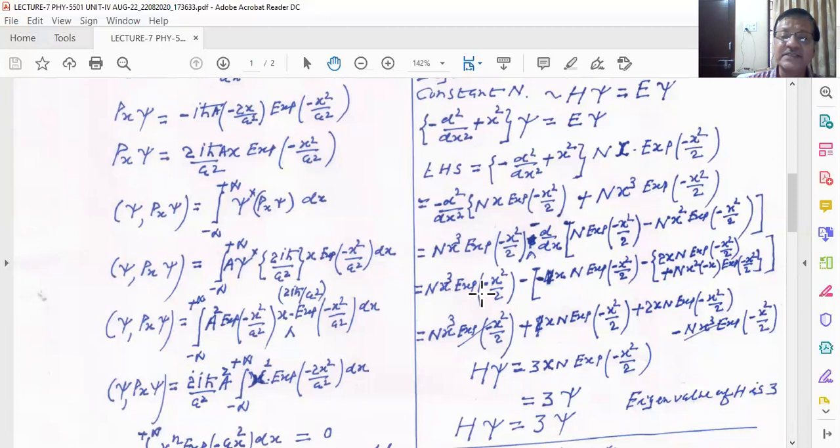First term is as it is, and now you see I open this bracket. This is a minus sign, this is a minus sign, so it gives you x n, right? Exponential of minus x squared by 2. You see there is a minus sign here and there is a minus sign here, so it gives you plus. So it is giving you 2xn exponential of minus x squared by 2.